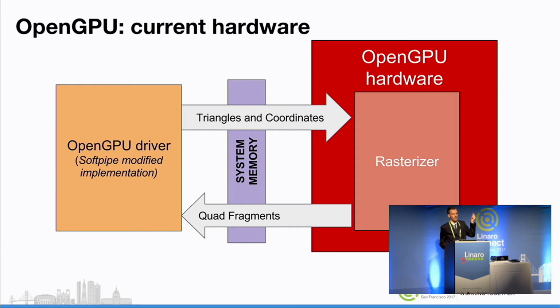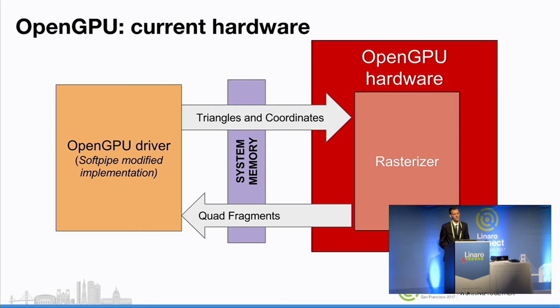So instead of processing everything on software, we take the data flow and the part for the rasterizing process, and we transfer the triangles and coordinates to the hardware rasterizer inside the FPGA, process it and take back the quad fragments.